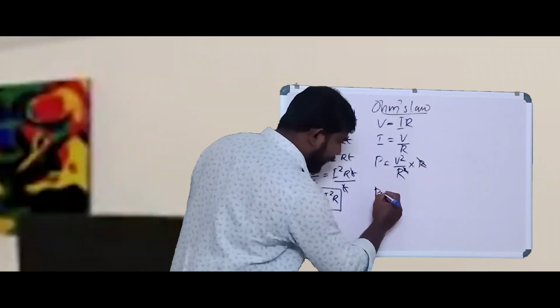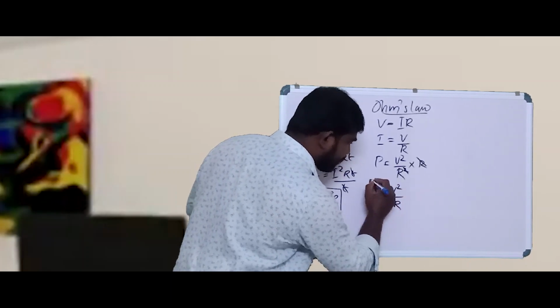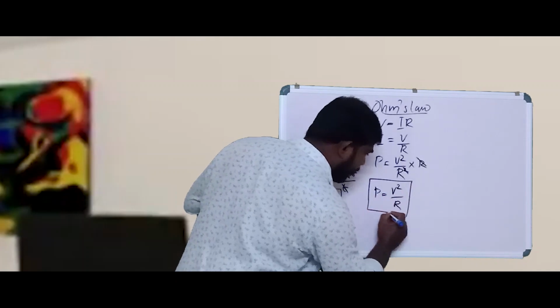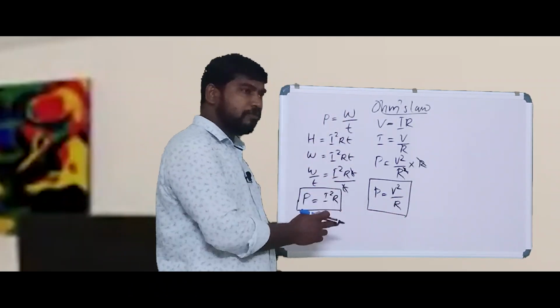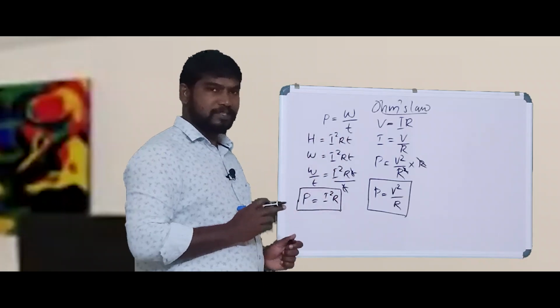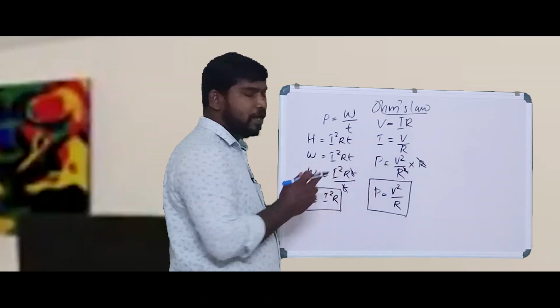Another equation we get is P is equal to V square by R. This is the second equation for power, which we get from Ohm's law by substituting the value of I square as V square by R square.